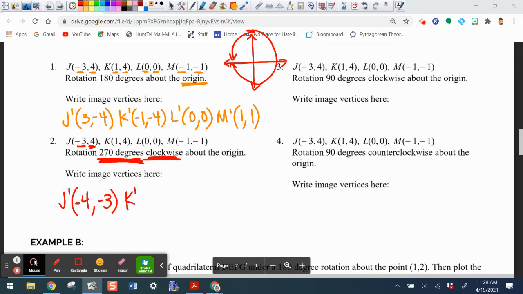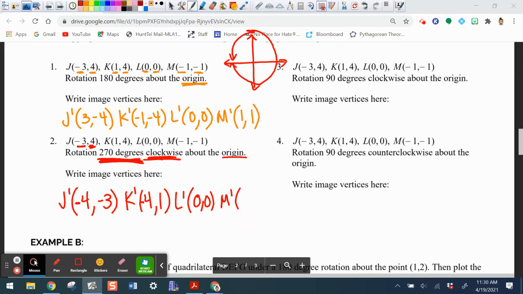So K prime, we're going to swap 1, 4 to 4, 1, then change the +4 to a -4. Now, again, L is not moving because L, 0, 0, is located at the center of this rotation, which just so happens to be the origin.